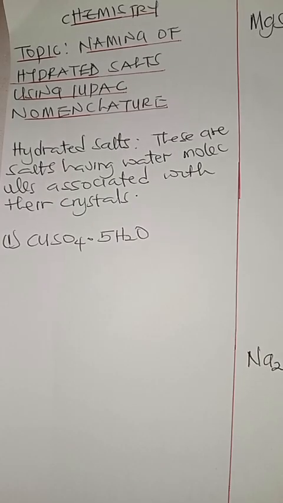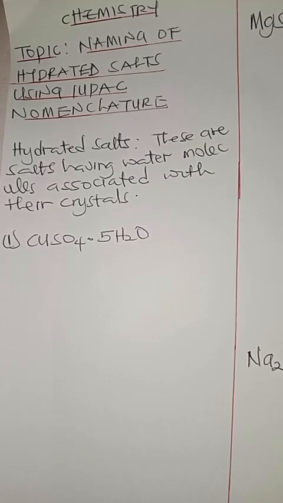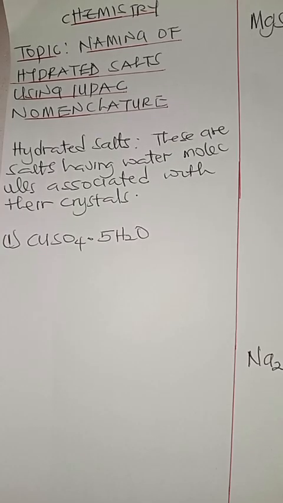Now, according to our definition here, these are salts having water molecules associated with their crystals. Here you have some salts, but they are bound to water molecules, and these water molecules have a definite amount of water. They contain a fixed definite amount of water.